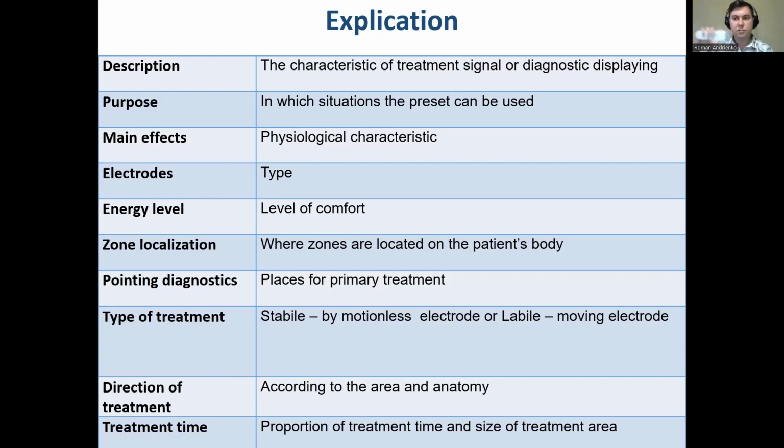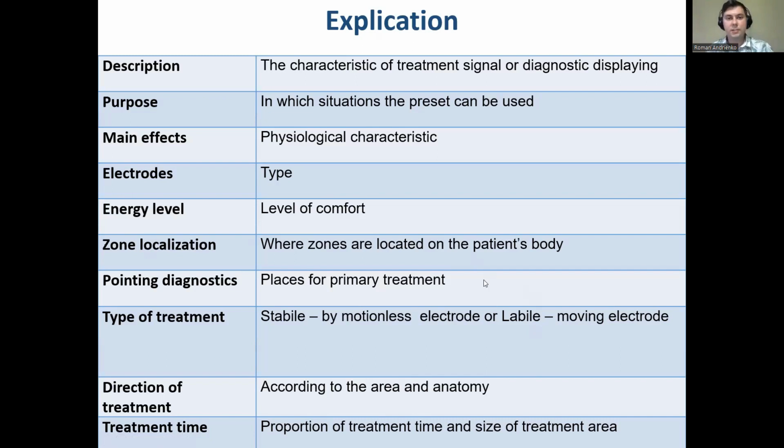We need to place the electrode vertically, and there are certain ways of treatment, and this is important. And the treatment time, proportion of treatment time and size of the treatment area. So, for example, if we are dealing with a 3 electrode like area, spend 5 minutes in there.